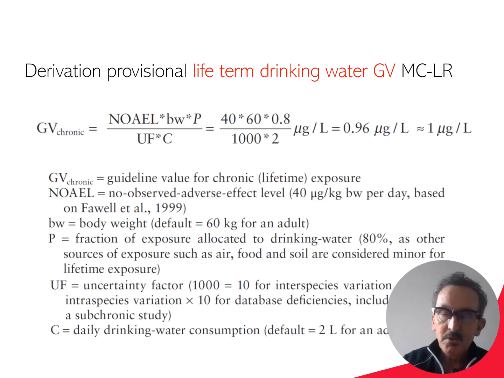The P, the proportion attributable to drinking water, is 0.8, uncertainty 1000, and 2 liters of drinking water per day, leading to a value of 0.96, which is roughly the 1 microgram per liter guideline value for lifetime exposure, here indicated as the guideline value for chronic exposure that has been in use for quite a few years now.